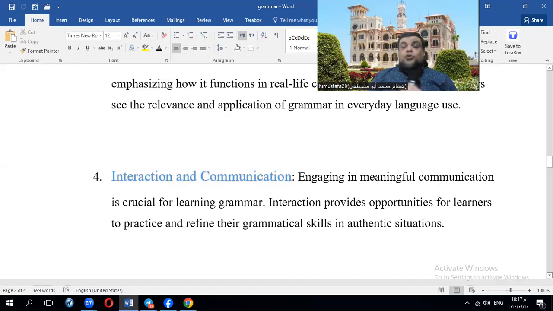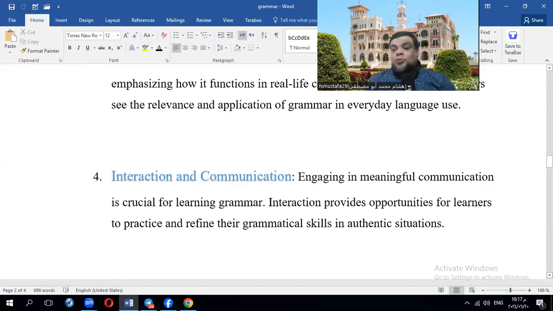No, they should use this rule in communication. For example, ask them to tell a story in the past tense. After teaching them past tense, ask them to tell a story in the past tense, something that happened to you in the past. So here you can communicate with your students, okay, and ask your students to communicate with themselves using the grammatical rule, okay.